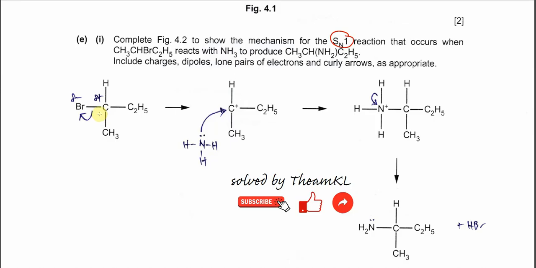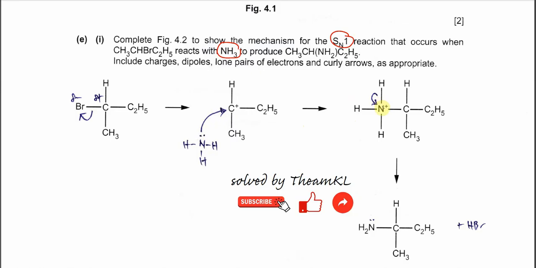After this bond breaks, it will form this carbocation. And this carbocation will be attacked by the ammonia, because it said reacts with ammonia. So you need to draw one ammonia molecule, and must show the lone pair on nitrogen. So draw one arrow from the lone pair, pointing to this carbocation. And it will form this intermediate. And you need to show the bond break.